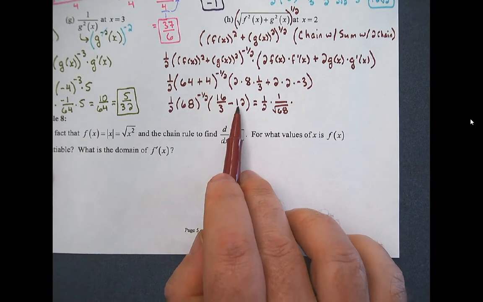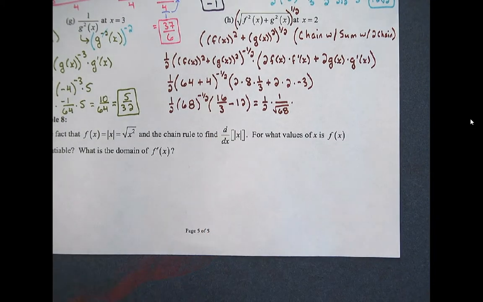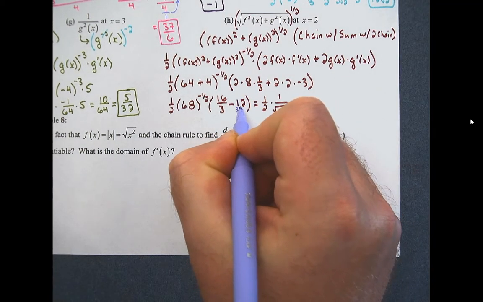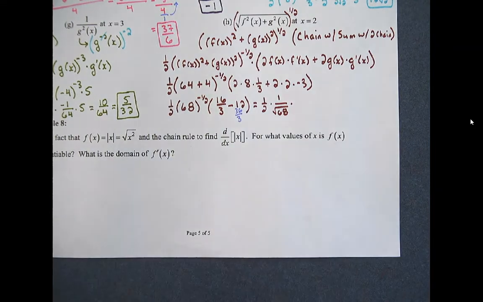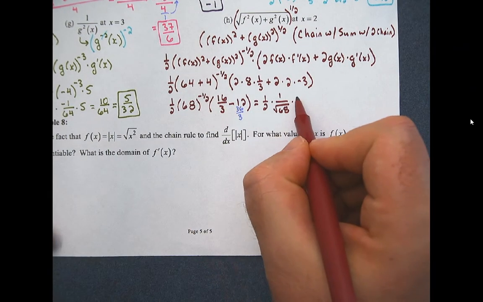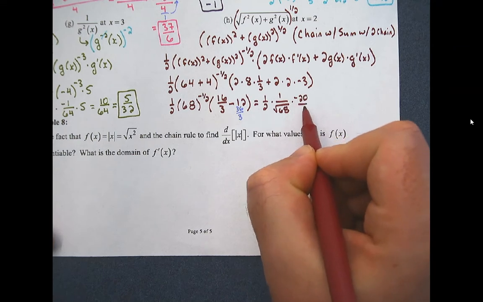I want to turn this into an over 3 piece, so I'm going to multiply by 3 and I would get 36 over 3 here. 16 take away 36 over 3 is negative 20 over 3.